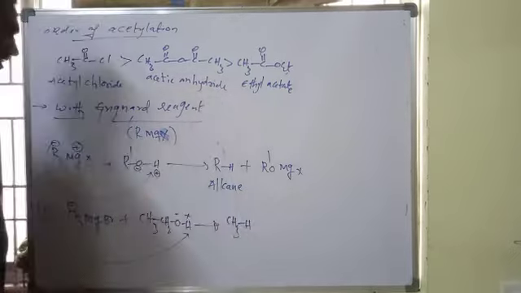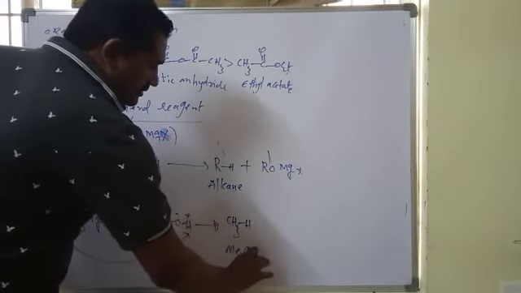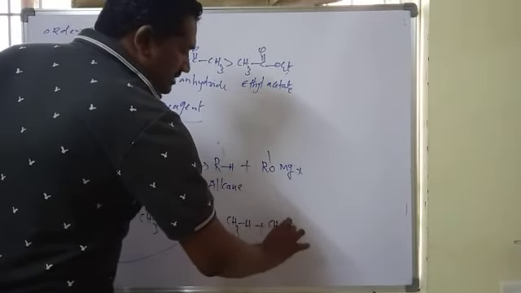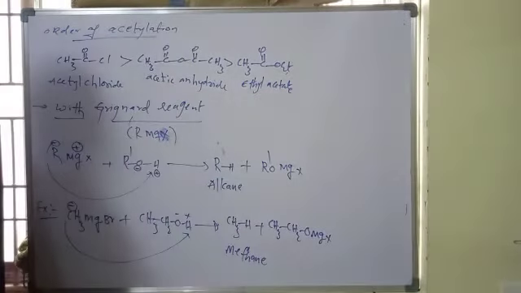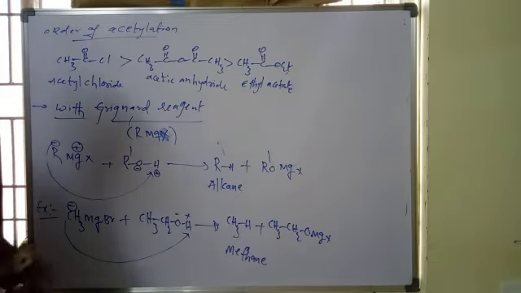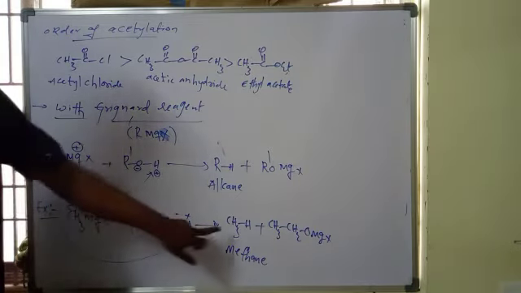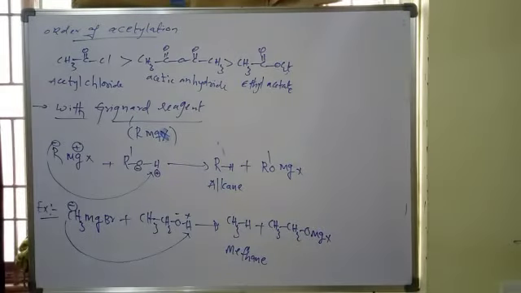CH3H is nothing but methane, plus CH3CH2OMgX, the byproduct. So we will get hydrocarbons. If you take ethyl magnesium bromide, you will get ethane. If you take propyl magnesium bromide, you will get propane.